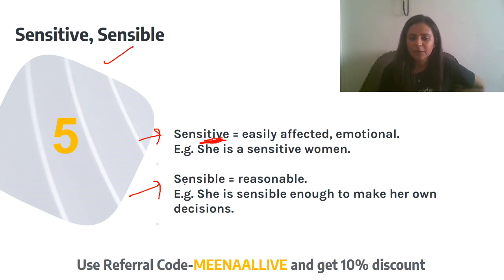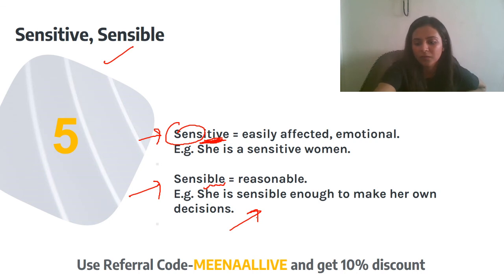Next one is if you keep the initial part the same and just skip the last couple of letters, which is sensible. Now sensible means reasonable, justifiable. For example, she is sensible enough to make her own decisions.